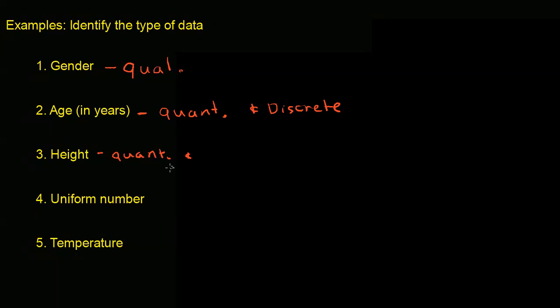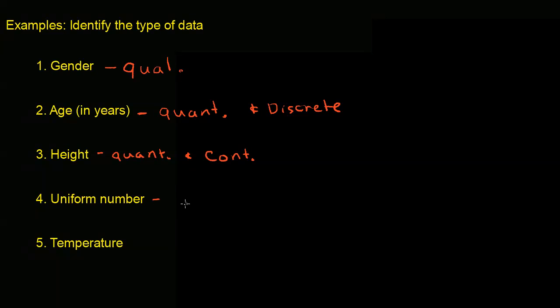Well, we can always measure height to more and more precision with better and better instruments, so that is going to make this continuous. With one instrument, they may be 6 feet 2 inches, and then we can say, oh, they're actually 6 feet 2.5 inches. Oh, actually they're 6 feet 2.54321 inches, and we can get that more and more precise. So that's what makes this continuous type data.